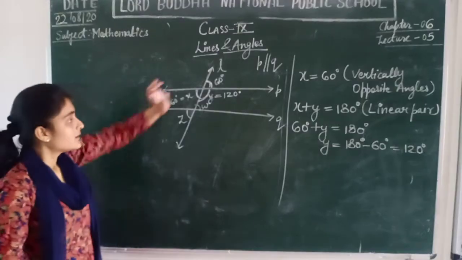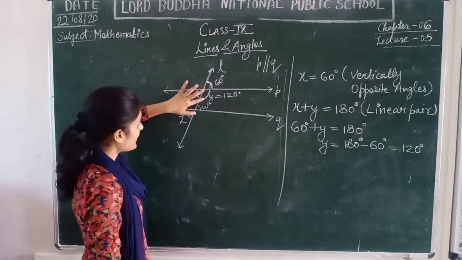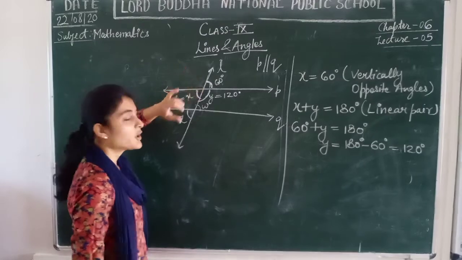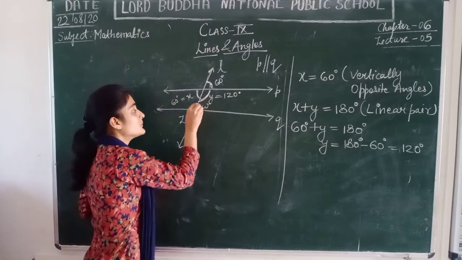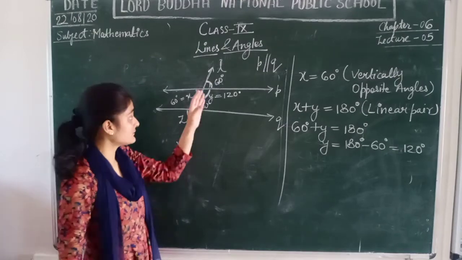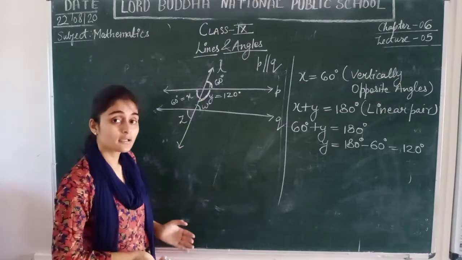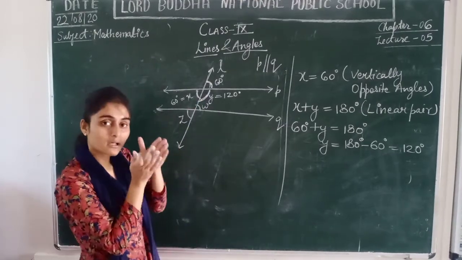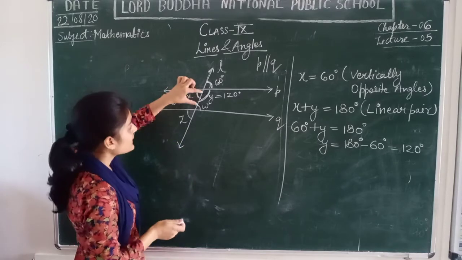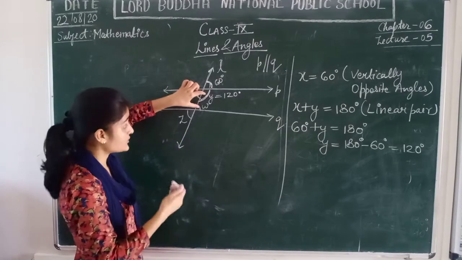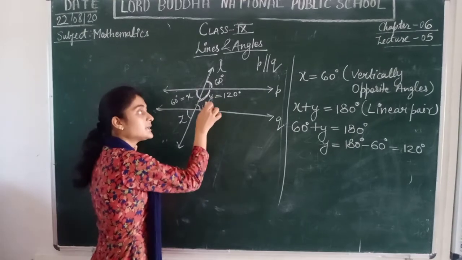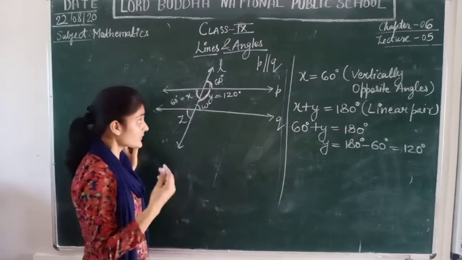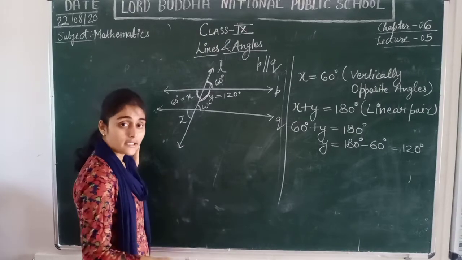Now look at the figure. Another pair you are getting, which is co-interior angles, right? Y and W, aren't they forming co-interior angles? Because they are both on the interior side, at corresponding positions, right? So you will say that Y and W are forming co-interior angles.